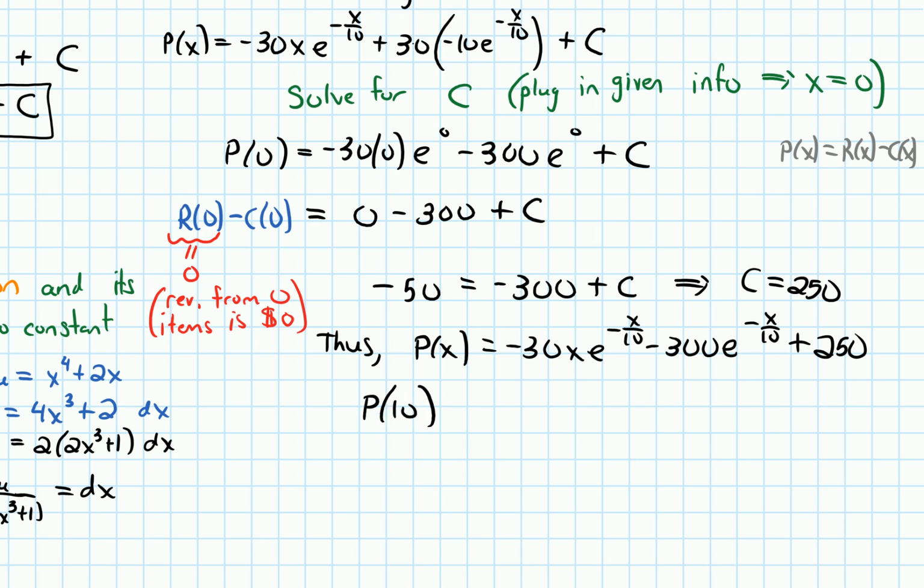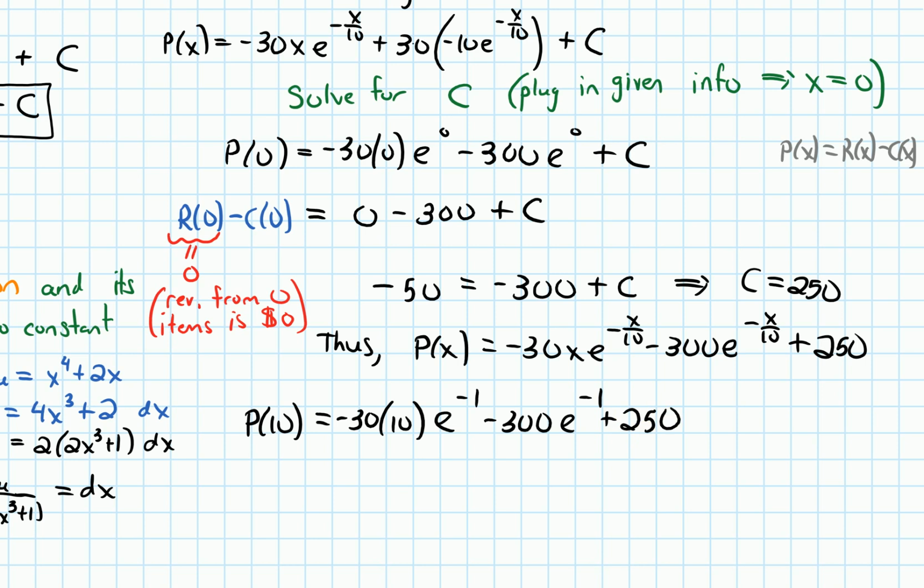So P of 10 is negative 30 times 10 times e to the negative 10 over 10, which is negative 1, minus 300 e to the negative 1 again, plus 250.